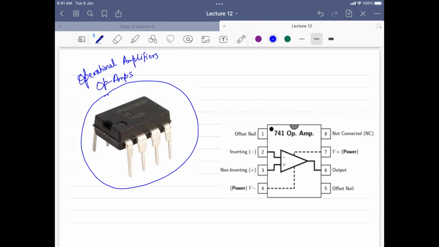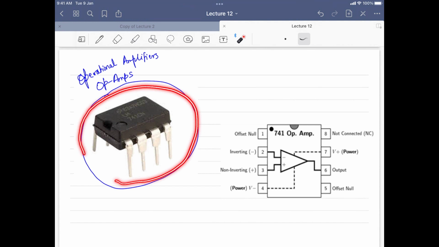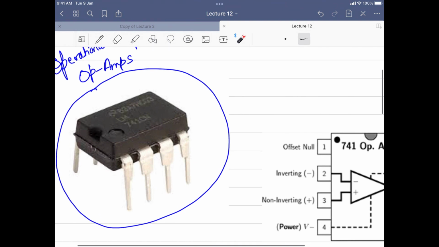The important thing is, when you go to the lab and physically find this device, you can immediately recognize it as an op amp because the name of this op amp is 741. If you see on the top of this casing, you will find the number 741 written.